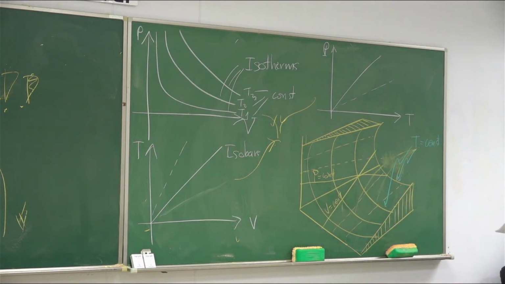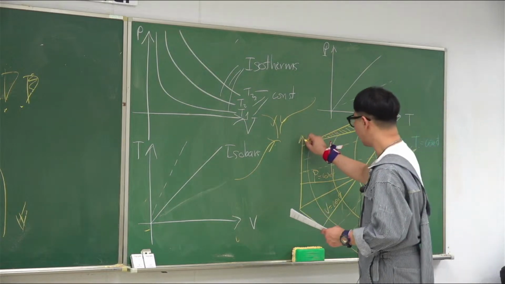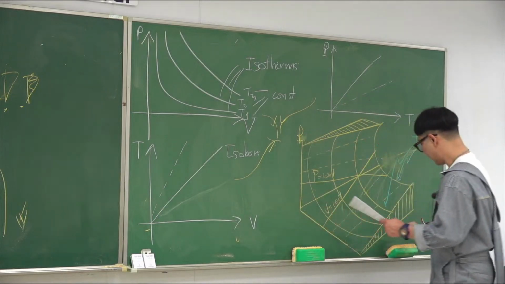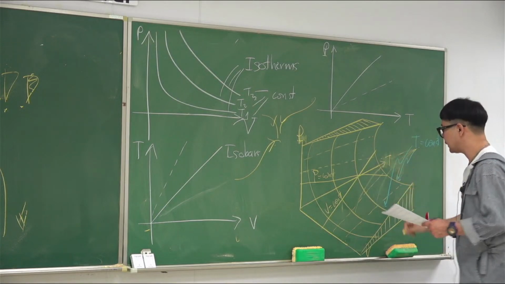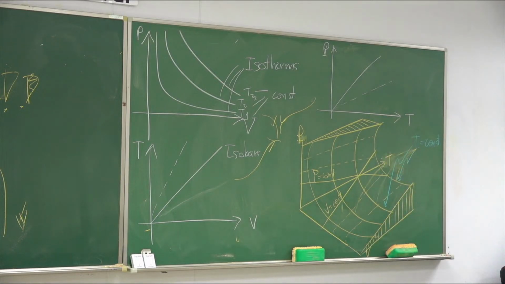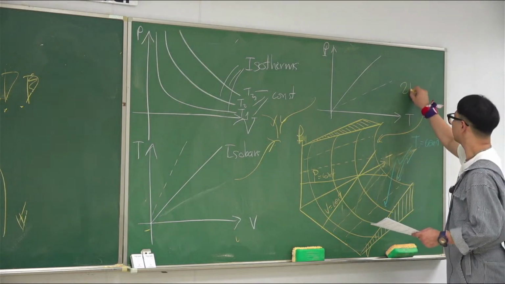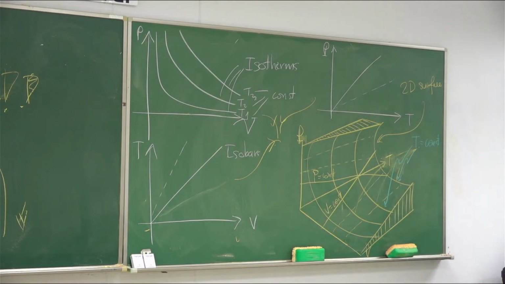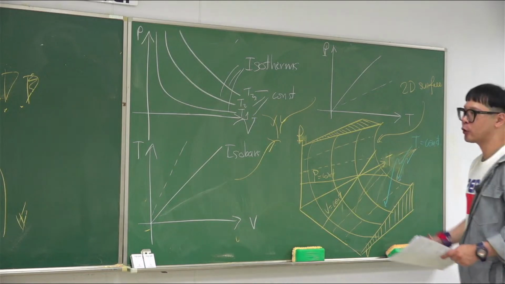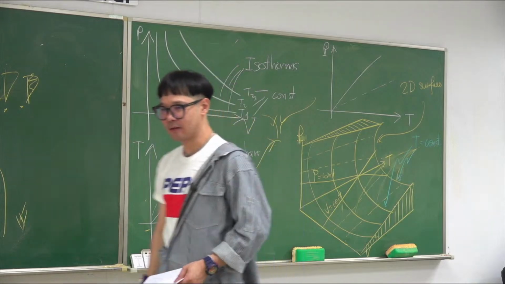Okay. So then you have this as P, and this is V, and this T. So you have a 2D surface. Okay. So what you have is that 2D surface here, right? It should represent the processes that you could actually do with the classical gas, right?